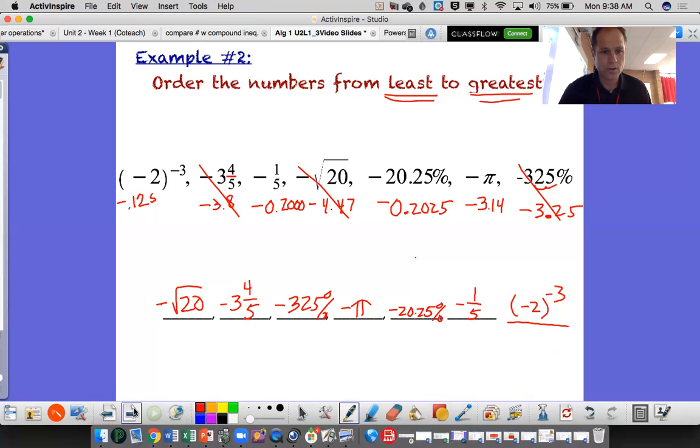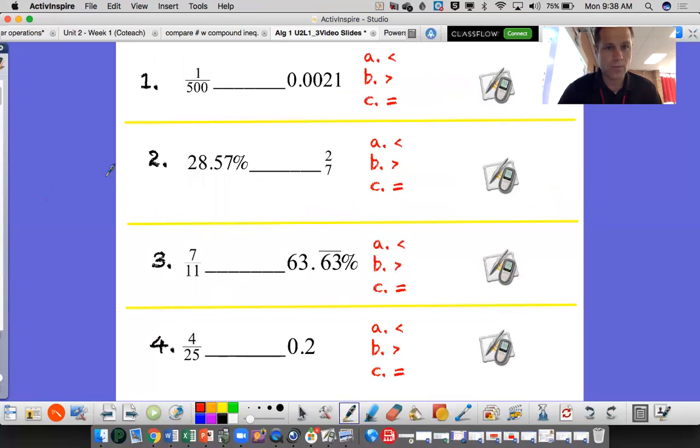So here's what I want you to do. Well, I thought I was going to have you do an example or a practice, but I want to talk to you real quick here about less than and greater than symbols, okay? So this would be your less than. And this would be greater.